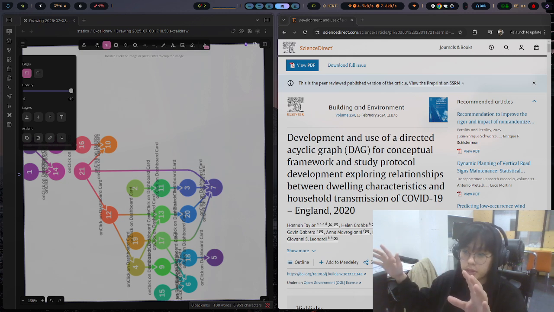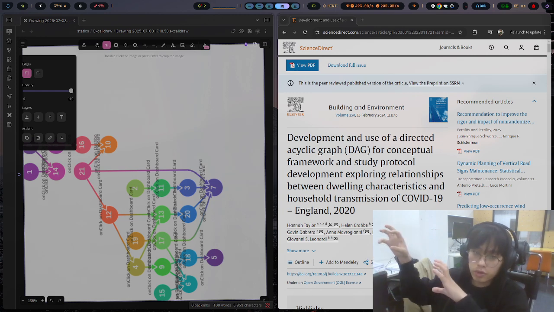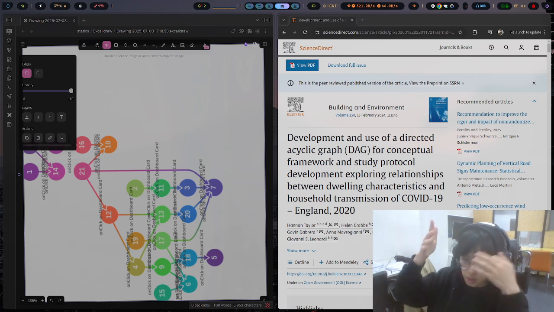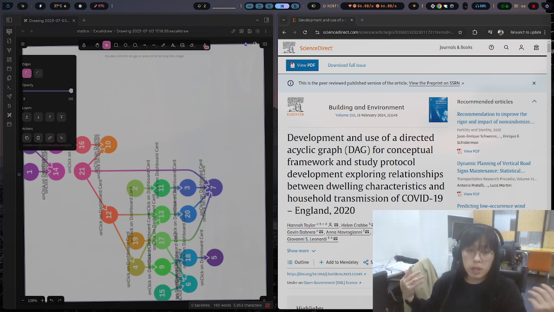Those kinds of hypotheses are really hard to guess, so they use a DAG graph to check whether their hypothesis is correct. So I thought, why don't we use this in our logging system?